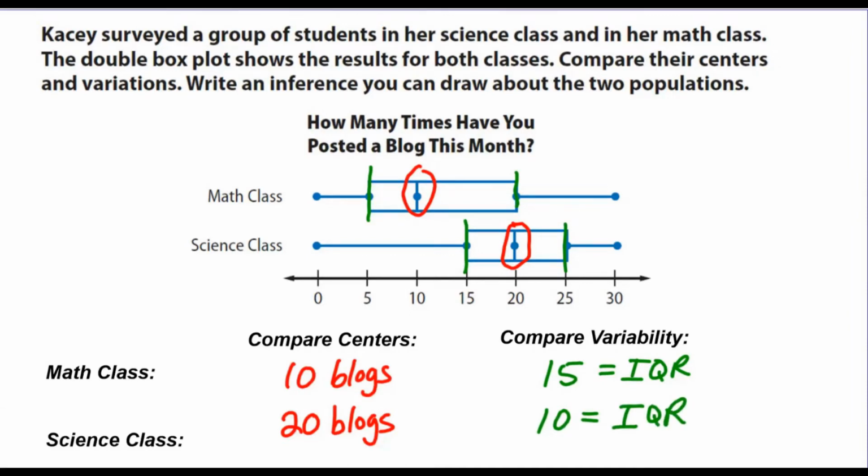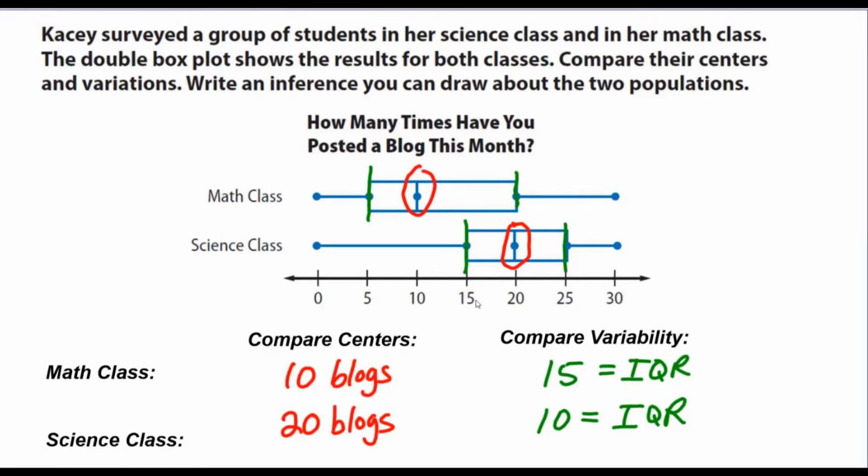So now we've collected these pieces of statistics for these 2 populations, and we want to make an inference. Well, what can we conclude? What can we say about the math class and the science class when we compare them to one another? We want to write a sentence for each one of these statistics. We want to write a sentence that has a conclusion we can draw about the centers, and a sentence that has a conclusion from the measures of variability, or the IQR.